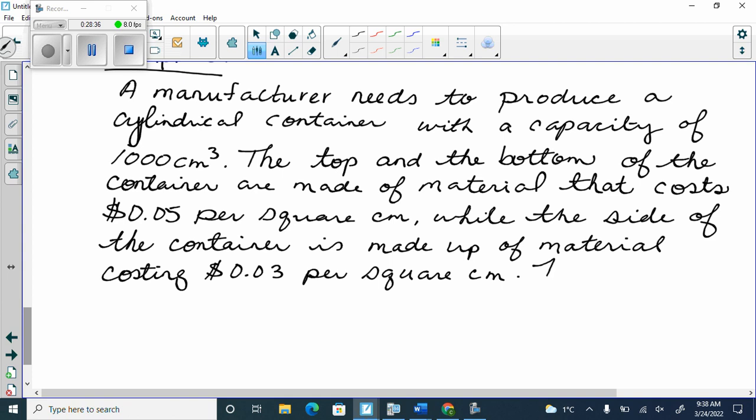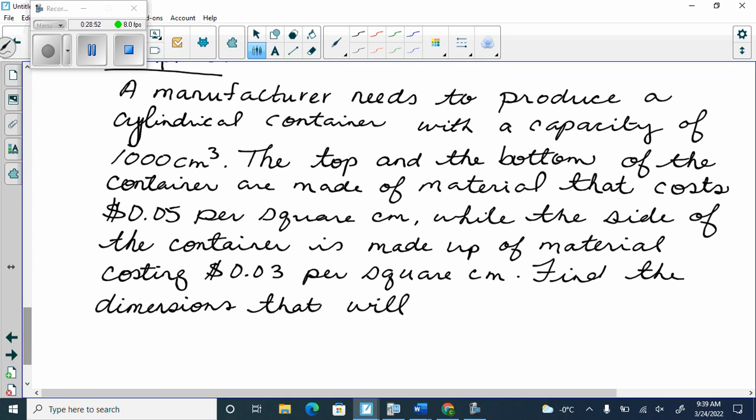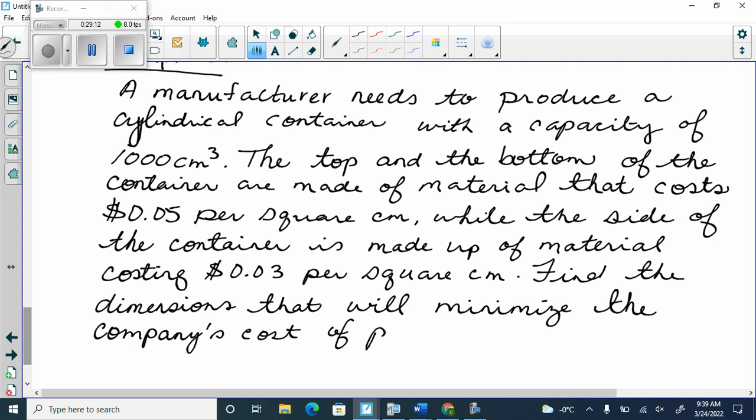Find the dimensions that will minimize the company's cost of producing a container.